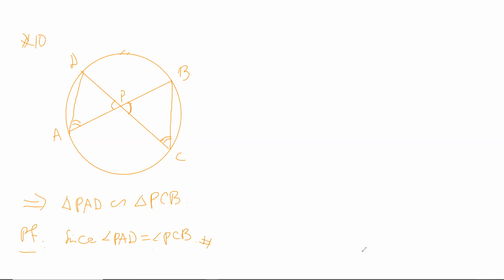Once you know they are similar, you get PA over PC equals PD over PB, and that's also equal to AD over CB, by similarity.